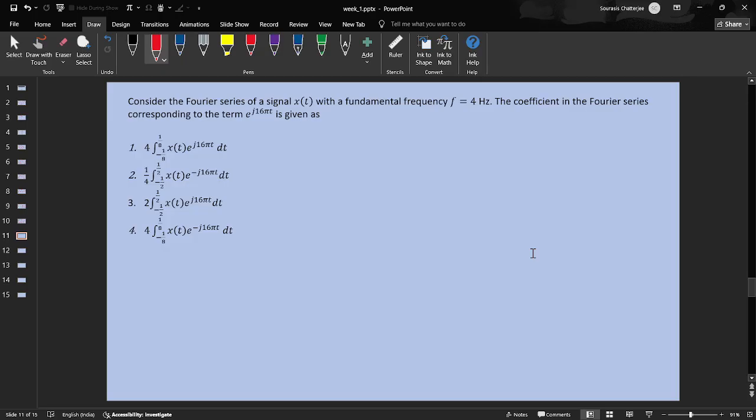From now onwards the questions should be quite easy for you. We have a signal with a fundamental frequency of 4 Hz. What should be the coefficient in the Fourier series corresponding to the term e to the power j 16 pi t?